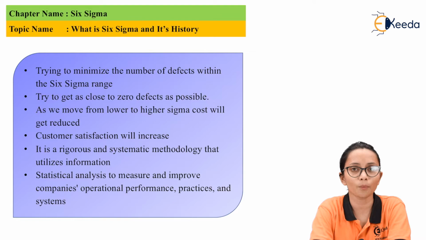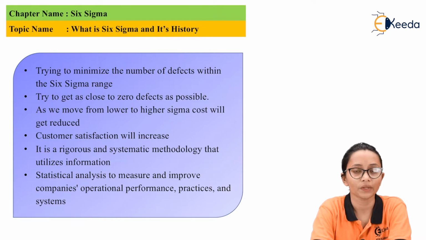Sigma represents the population standard deviation, which is a measure of the variation in a data set collected about the process. If a defect is defined by specification limits separating good from bad outcomes of a process, then a Six Sigma process has a process mean that is 6 standard deviations from the nearest specification limit. This provides enough buffer between the process's natural variation and the specification limits.